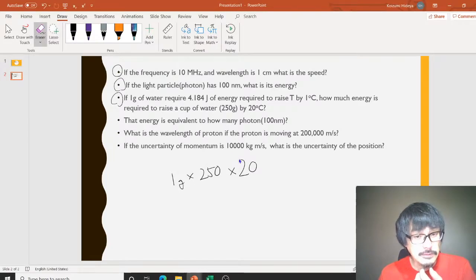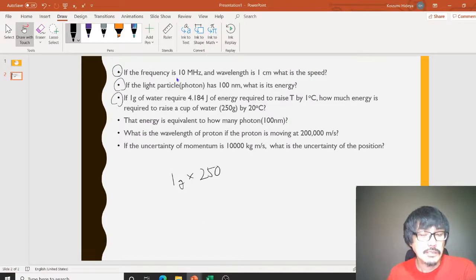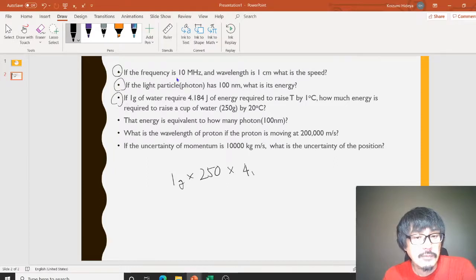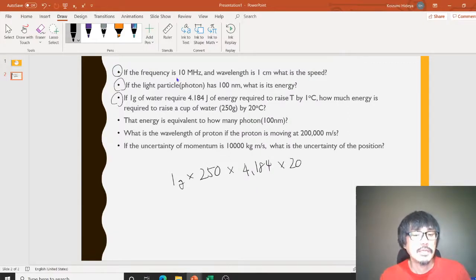I need to change that one a little bit. So 1 gram of water, 250 of those, and then I'm going to need 4.184 joules to raise the temperature by 1 degree Celsius, right? And then I do that 20 times. So that's the stuff I need.